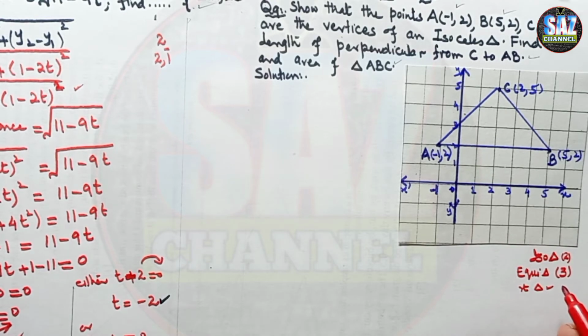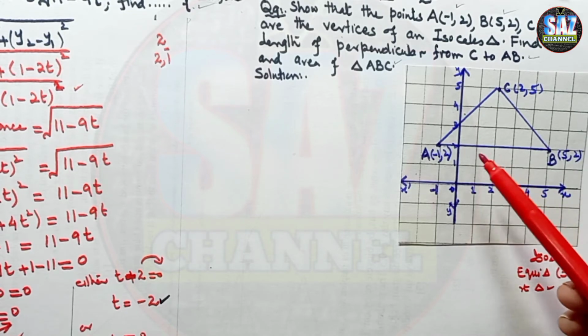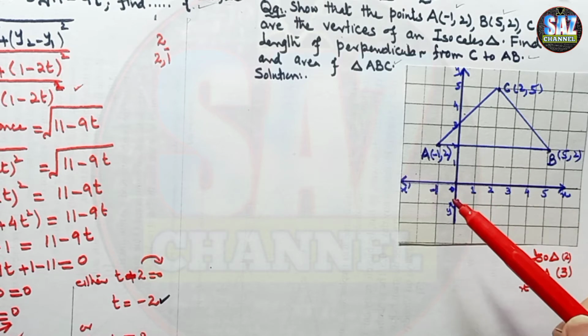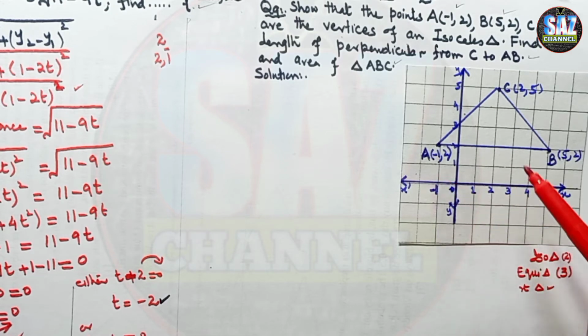So in order to show that the triangle is an isosceles triangle, what has to be the first requirement? First of all, we have to find all three lengths, or all three distances AB, BC and AC. If two distances or two lengths of the triangle come out the same, then the triangle will be an isosceles triangle.